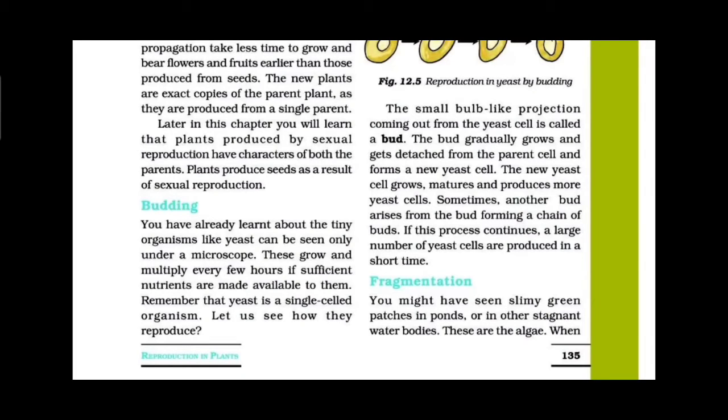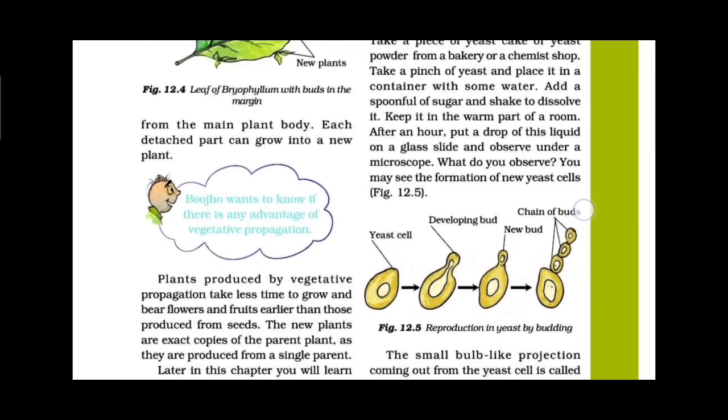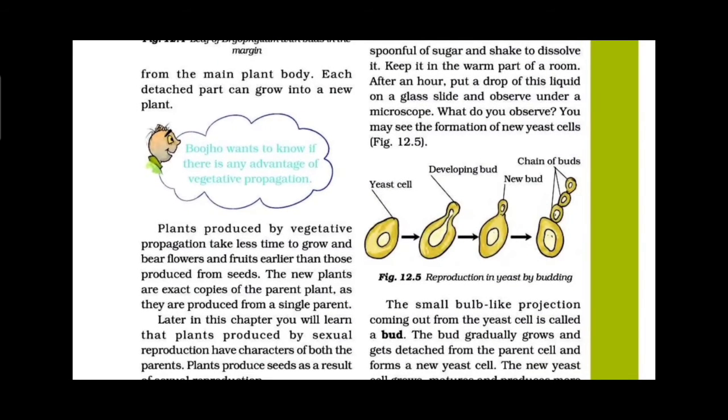That yeast is a single-celled organism. Here also one activity. What is the activity? See the picture, it is the reproduction in yeast by budding. Take a piece of yeast cake or yeast powder from a bakery or a chemist shop.